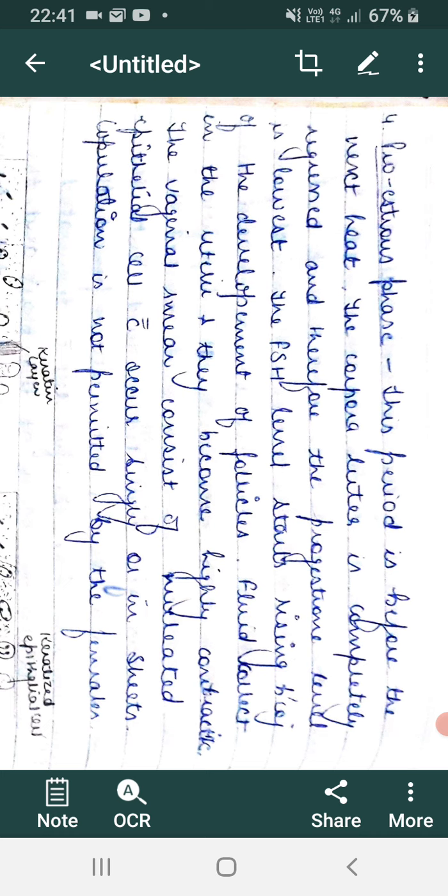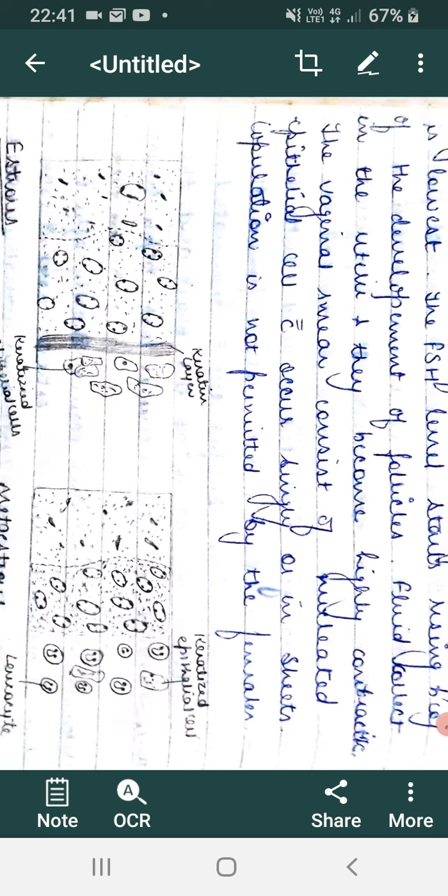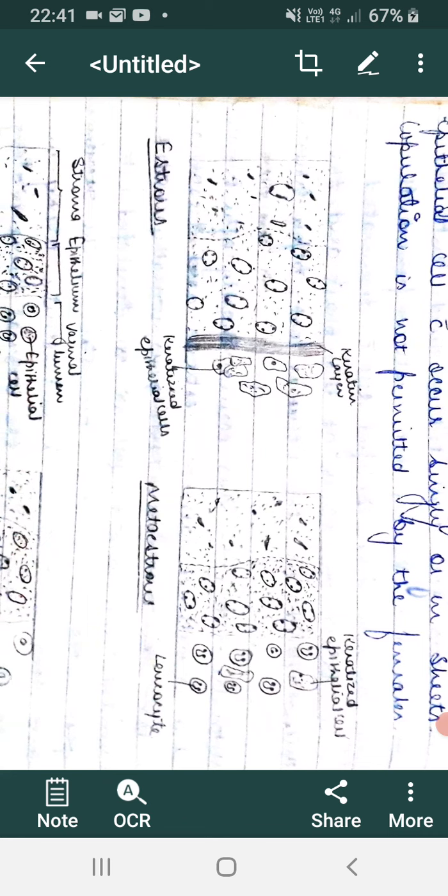Fluid collects in the uterus. They become highly contractile. The vaginal smear consists of nucleated epithelial cells that occur singly or in sheets. Copulation is not permitted in this, and the females are not receptive.